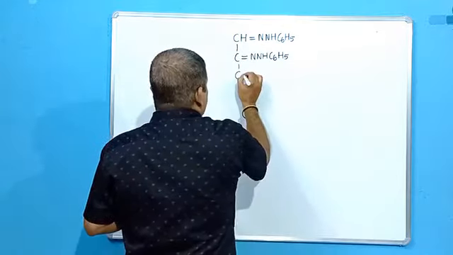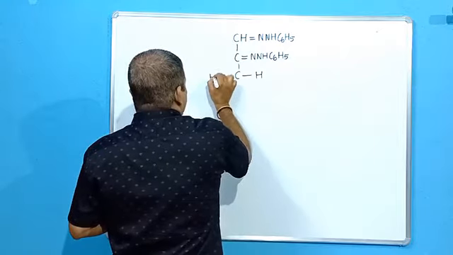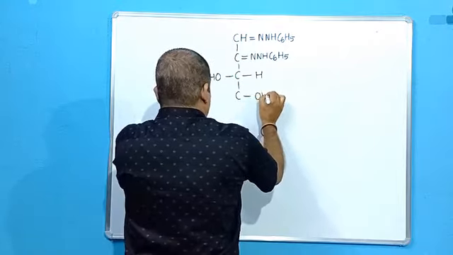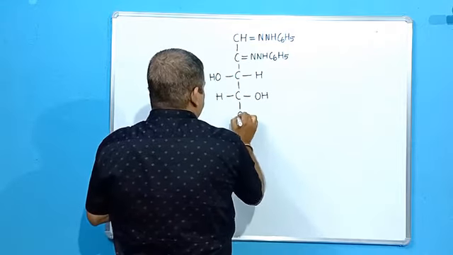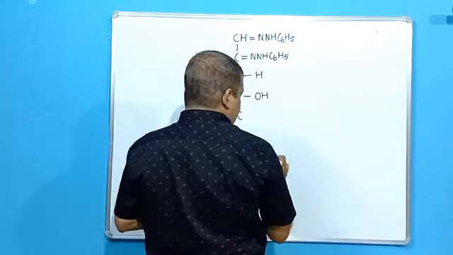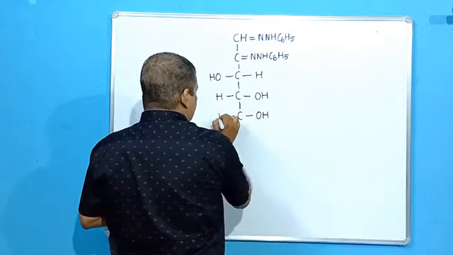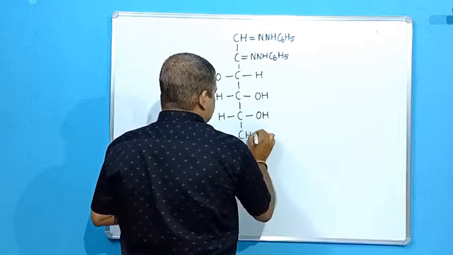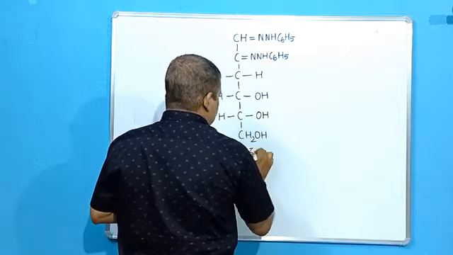That is, at number 3, hydrogen will be this side, OH will be this side. At number 4, OH will be this side, hydrogen will be this side. Number 5, similarly, OH will be on the right side, hydrogen will be on the left side. Then at last, CH2OH. So this is the structure of osazone.